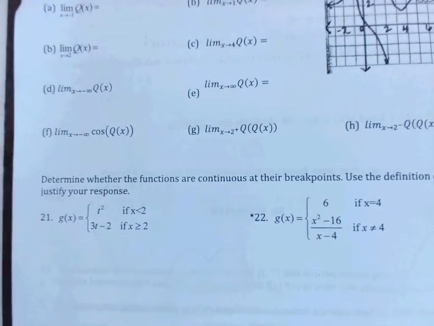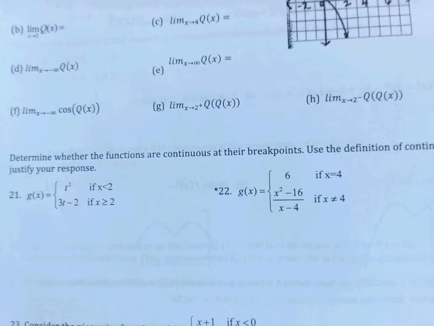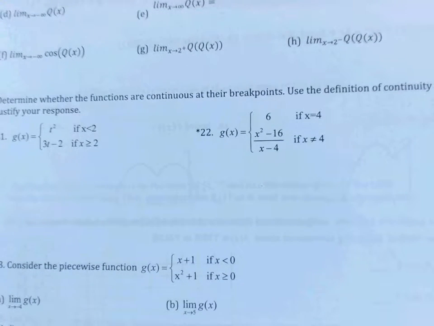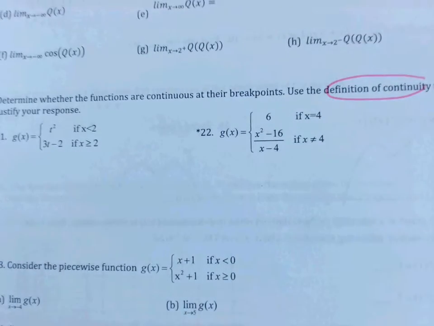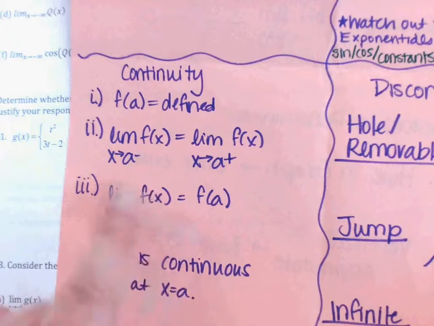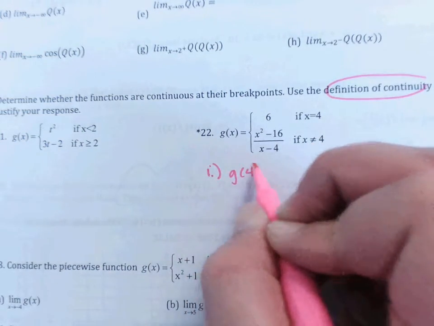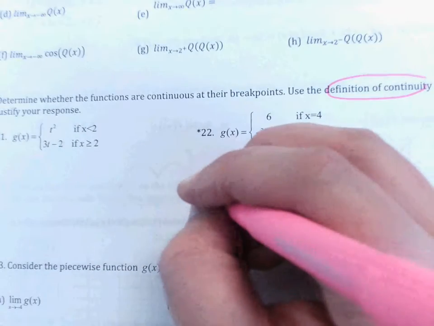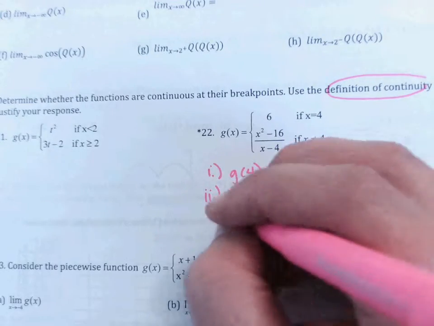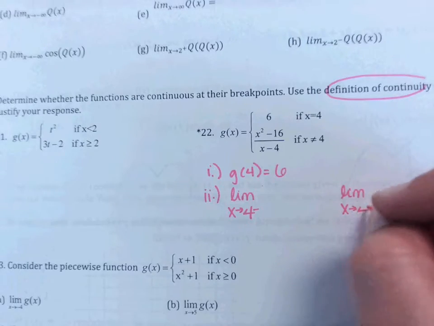Okay, do we want to do a continuity one? I put a star on 22, or we could do 21. What do you do first when you're checking continuity? Pull your sheet out. Continuity is right here. We just did it. So what's g of 4 for this guy? 6. Then I need to check the limit as x approaches 4 from the left, the limit as x approaches 4 from the right.